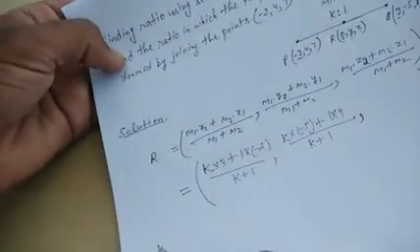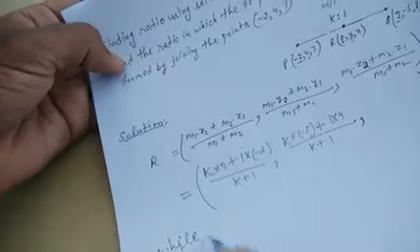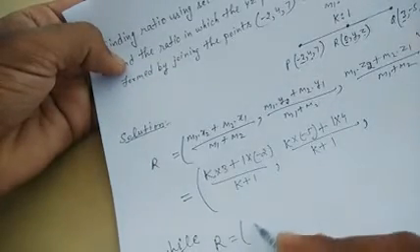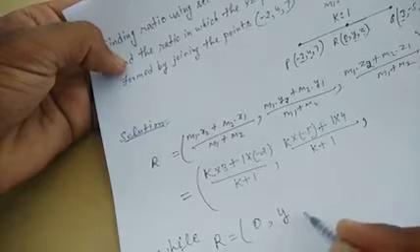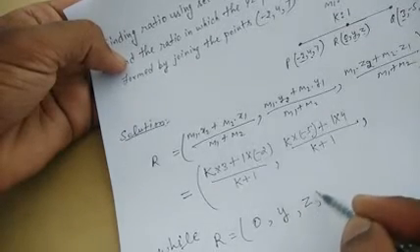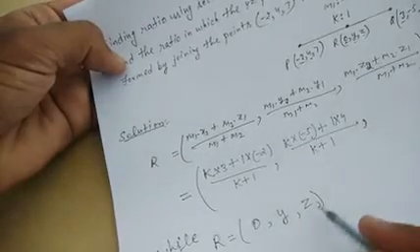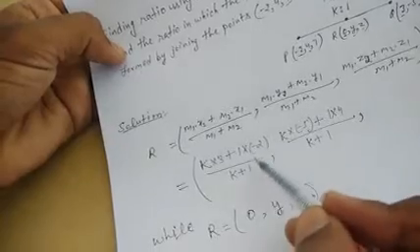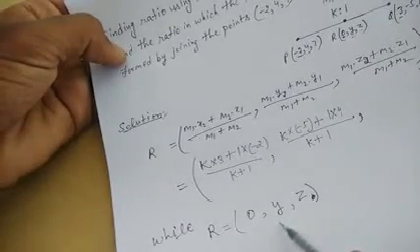We are given that the x coordinate of R is 0, the y coordinate is y, and the z coordinate has some value z. Now compare this equation and the given equation.